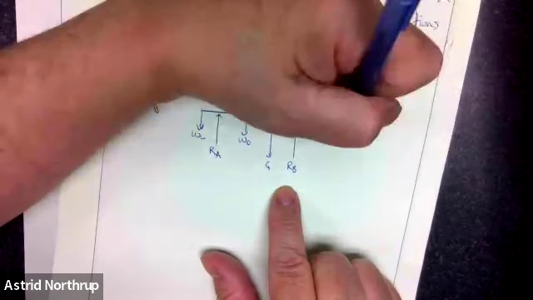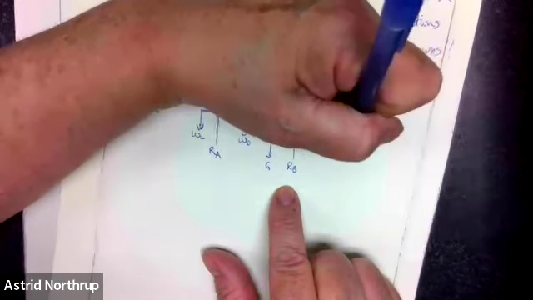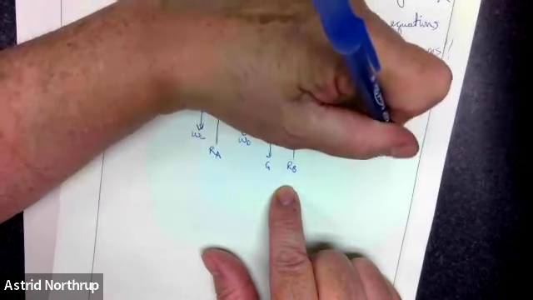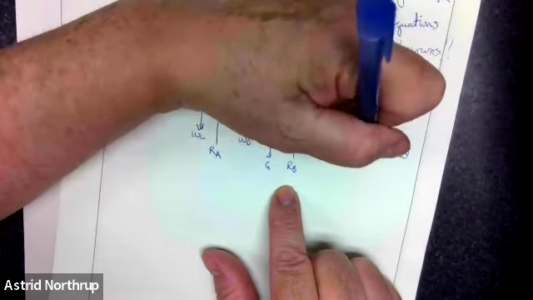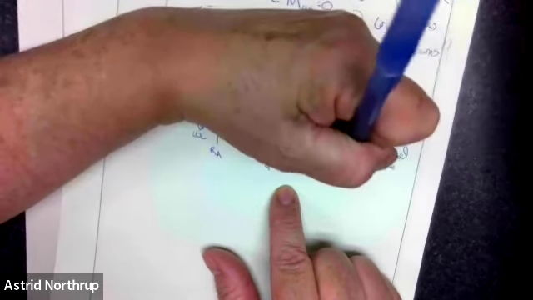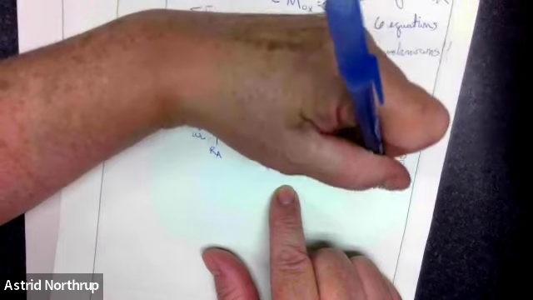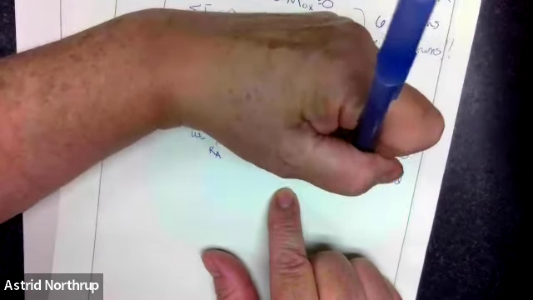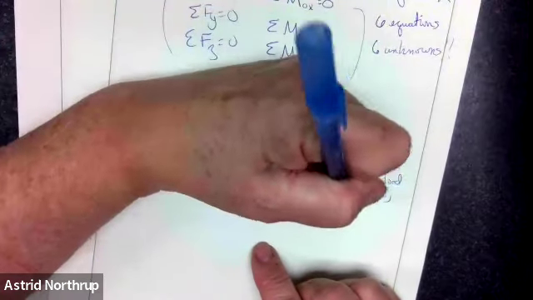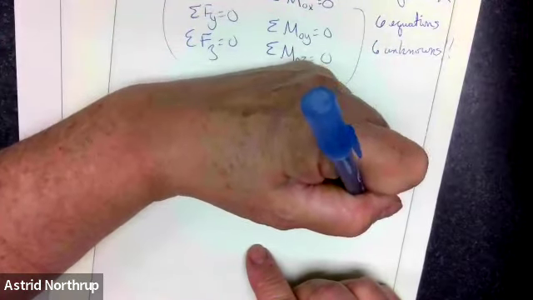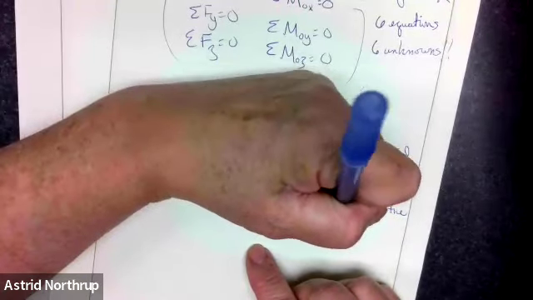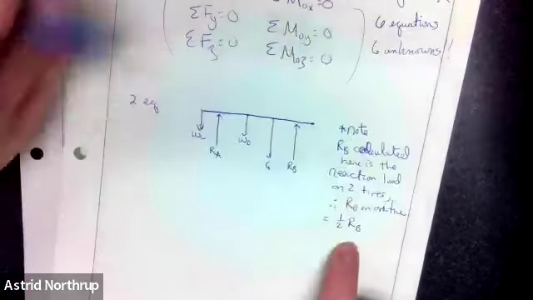the way I have this drawn, the reaction at B calculated here is the reaction load on two tires. That means, or therefore, the reaction at B on one tire is equal to 1/2 the R sub B calculated in this picture.